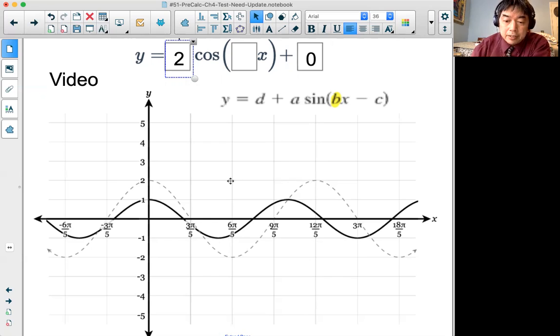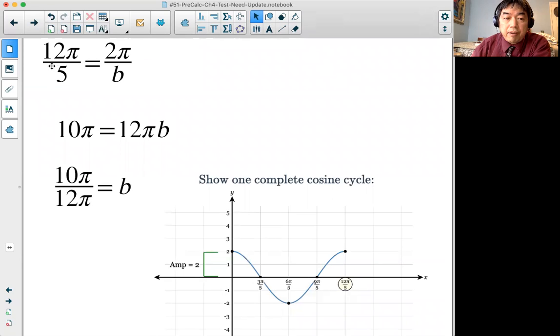So that is 5 pi over 2, I'm sorry, 5 pi over 5 is 1 cycle. So you write down this equation. 5 pi over 5 is 2 pi over b. So how do you solve for b? You do the cross multiplication. So 2 pi times 5 is 10 pi. 12 pi times b is 12 pi b.